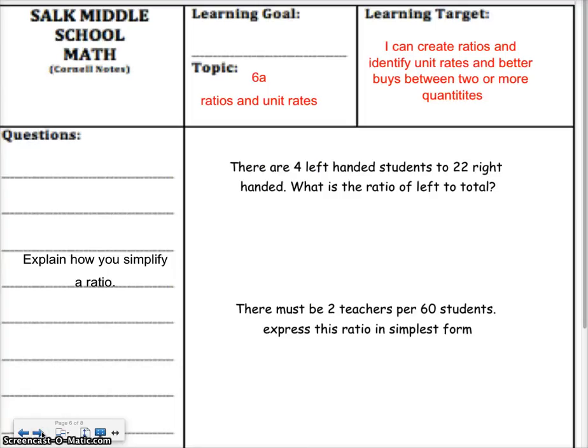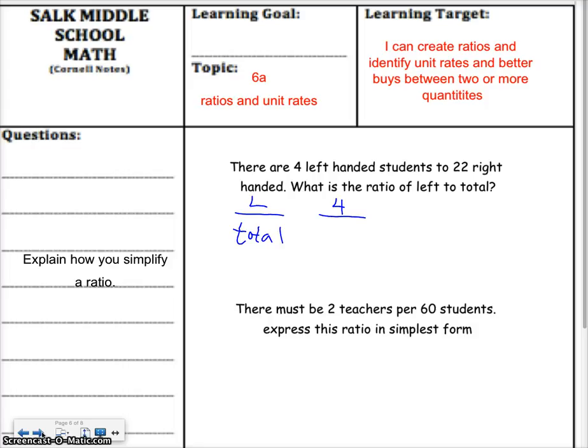Okay, so next situation, there are 4 left-handed students to 22 right-handed. What is the ratio of left hand to total? So I want left is to total. How many left? 4. And then how many total? 22. No, 22 right-handed. 26. Right?